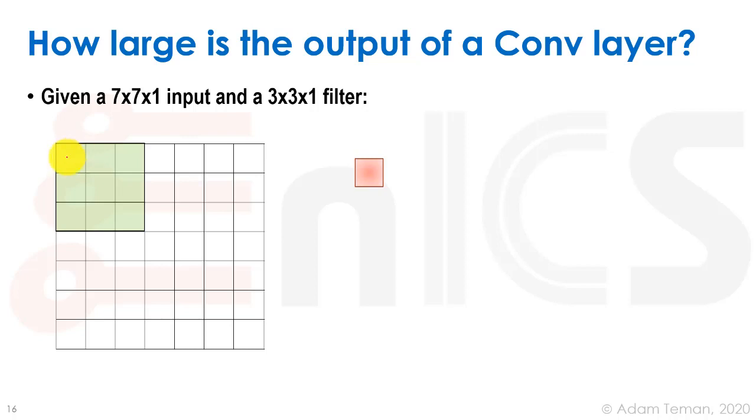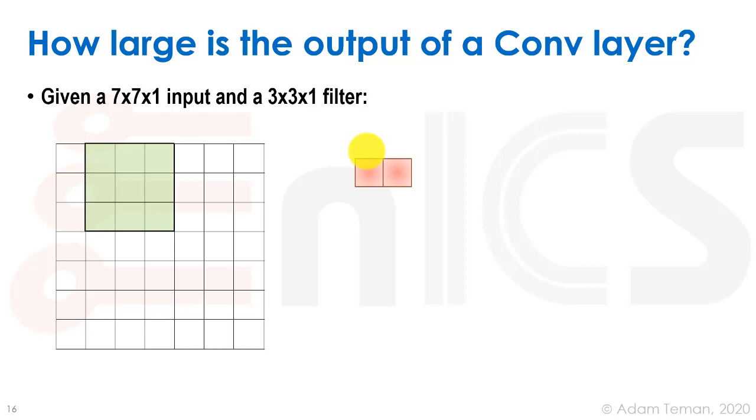Each of these green values is multiplied by the inputs, we sum that up, and we get one output over here. So we did 9 multiplications and additions, 9 MACs, and we got one output.